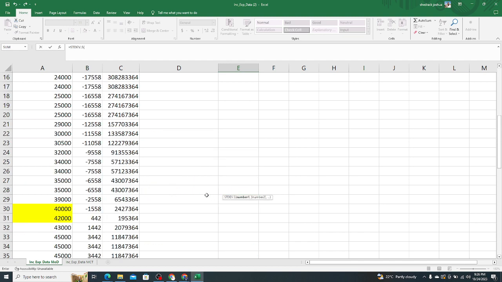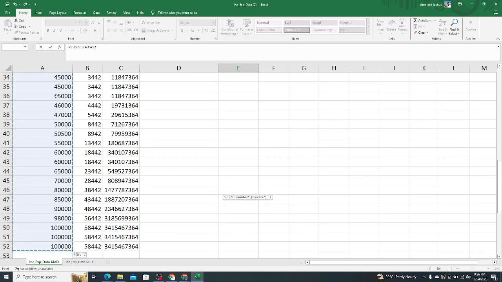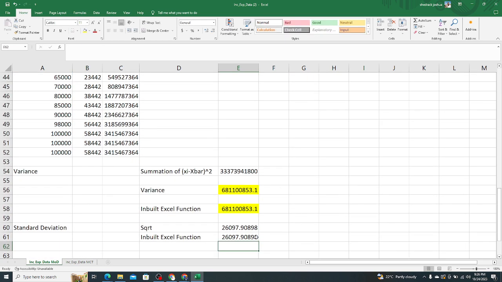Then you highlight the same data range, and you can see you will have the same values.